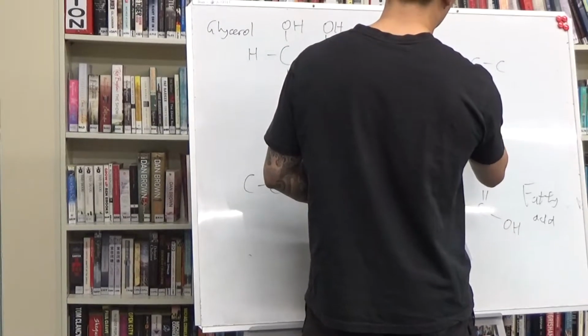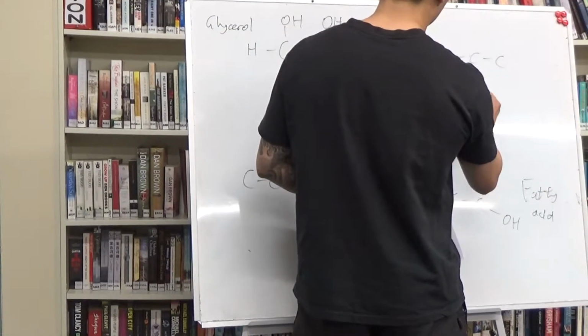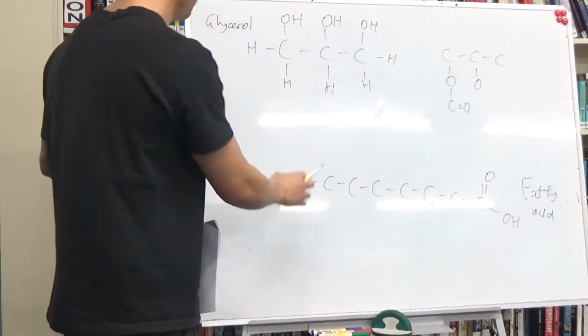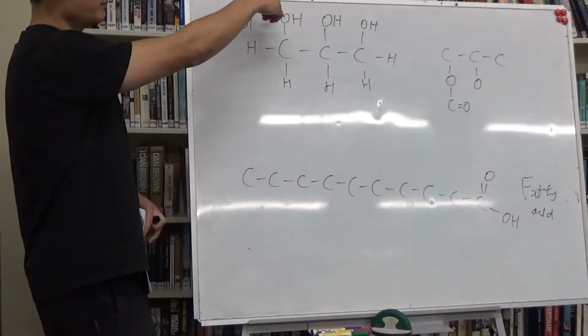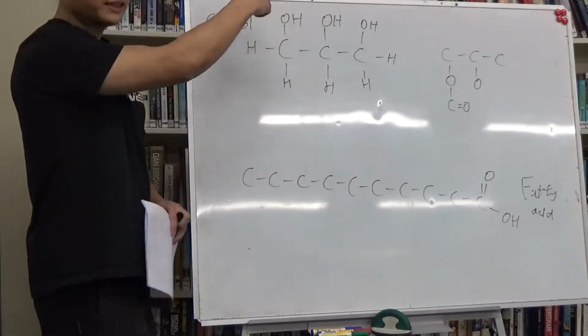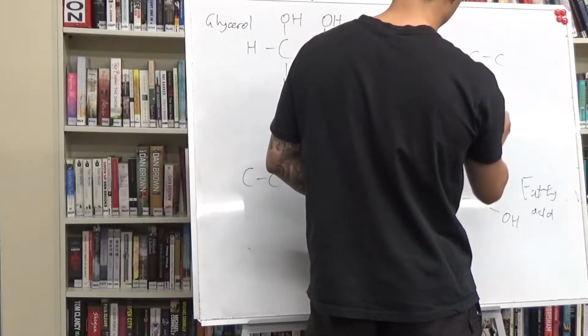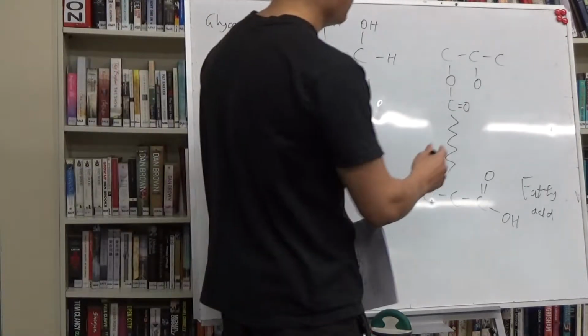And then if you had a triacylglycerol, you've just got your glycerol molecule, and each one of these fatty acids is going to make an ester bond with the hydroxyl group on the glycerol. I'm just going to draw a zigzag line to signify this long carbon chain.